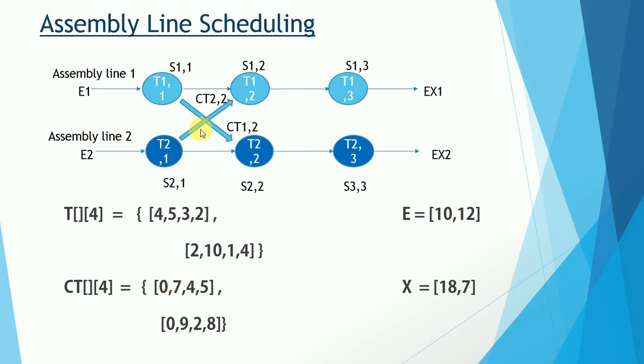However, if the chassis tries to move to this station in assembly line number 2, then the extra time taken by it will be 7, which is represented by CT1,2. Now don't think of it in terms of array. I am starting the indexes here from 1.